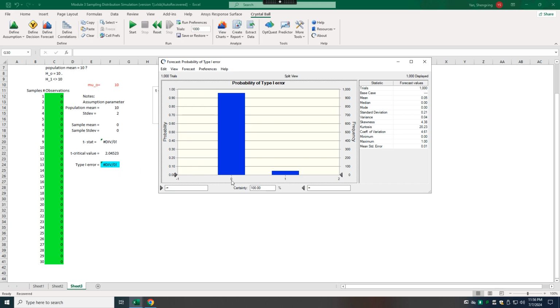It's either 0 or 1. This is the frequency of 0 happening. Let's see the left hand side. It's about 950 occurrences of zeros. For the ones, it's about 550 occurrences of 1.